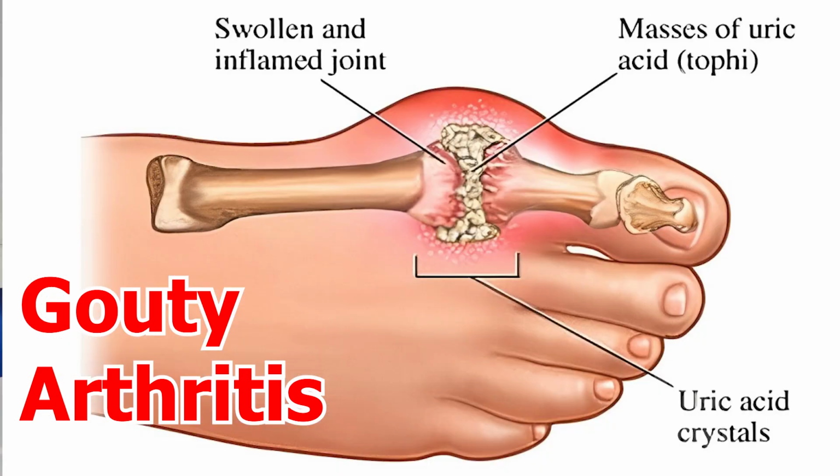So other arthritis like gouty arthritis, where uric acid increases because of excessive intake of protein foods or alcohol. So we need to see the problem. Sometimes the kidney doesn't excrete the uric acid much, so kidney protective drugs should be used.